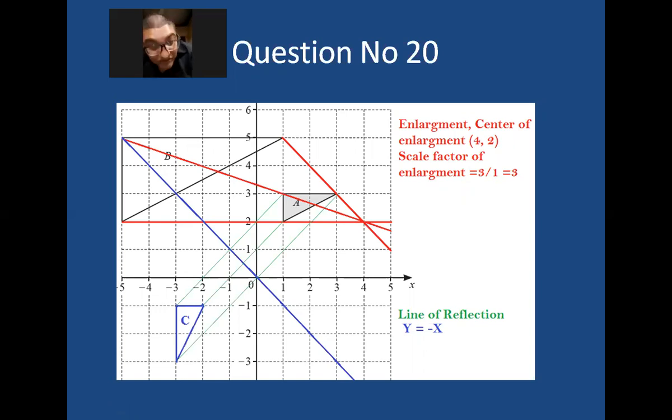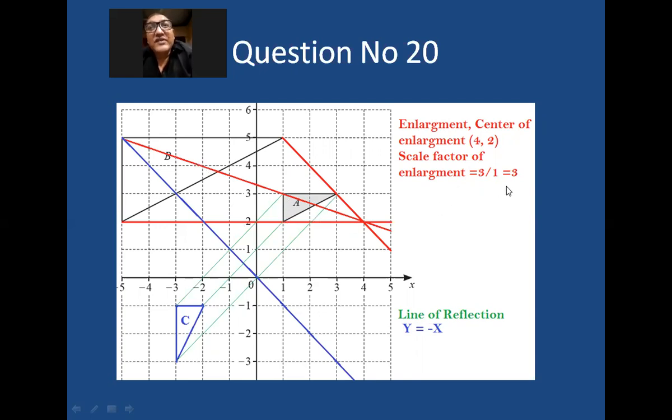How do I know that the scale factor is positive? It's not negative, because the object and the image both are on the same side of the center of enlargement. If they are on the same side of the center of enlargement, the scale factor will be positive. And if you want to find the scale factor, take the same sides in the image and in the object. For example, this height is 3 in the image, and in the object it is 1.